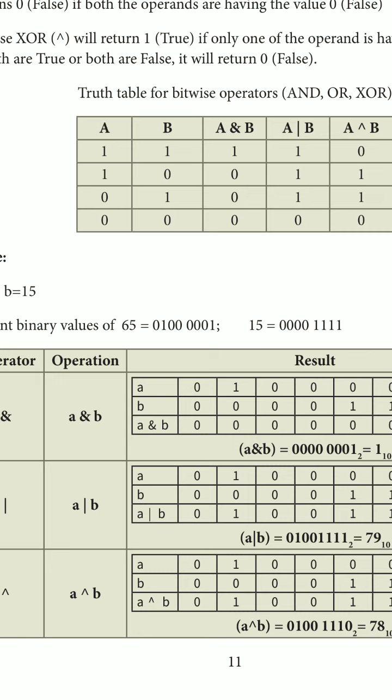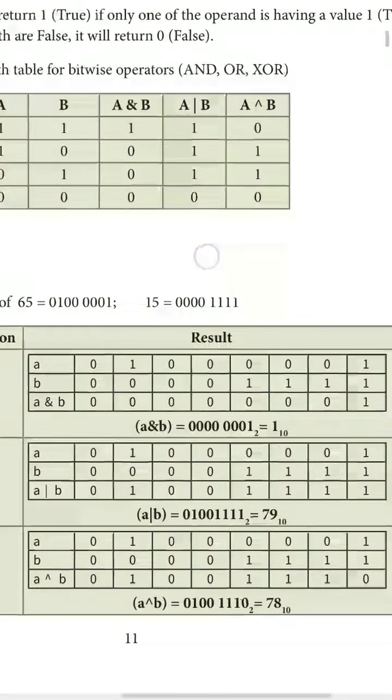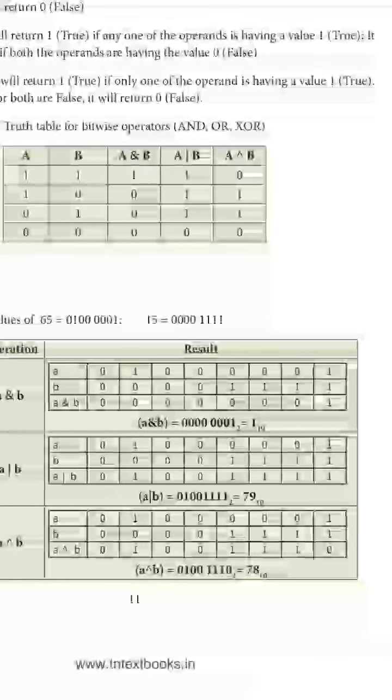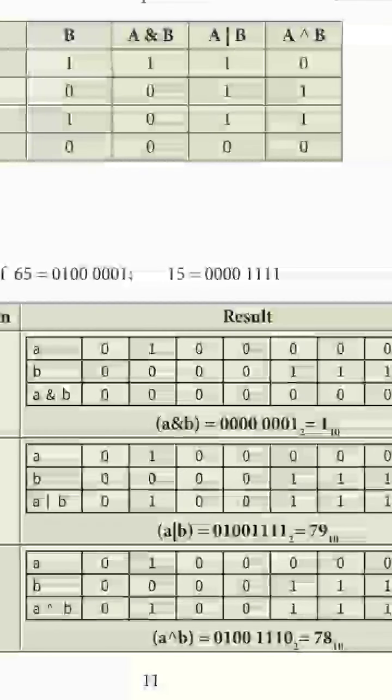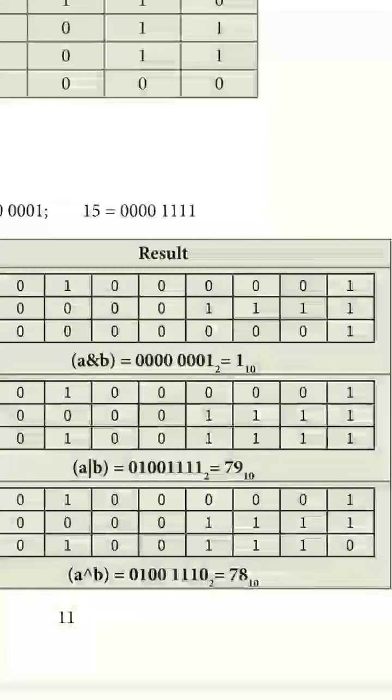Then you compare each bit: 0 with 0, 0 with 1. Every bit has to be checked with the respective bit in the other variable, and then you write the output as shown in the example.